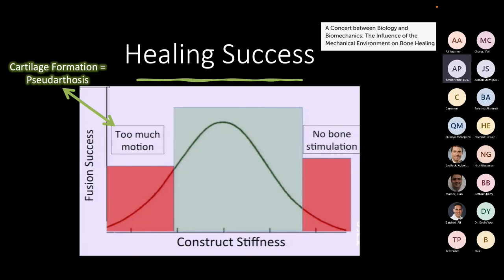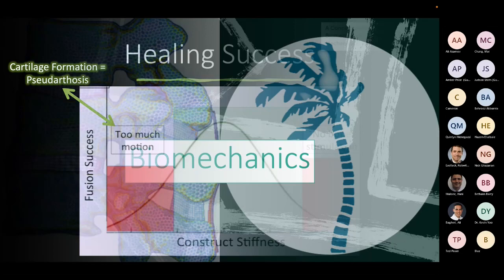And so you can actually see this with different types of pseudoarthrosis. So it kind of relates to the amount of stiffness that you see in your construct. And so you kind of want to try to optimize the biology and the biomechanical construct stiffness.